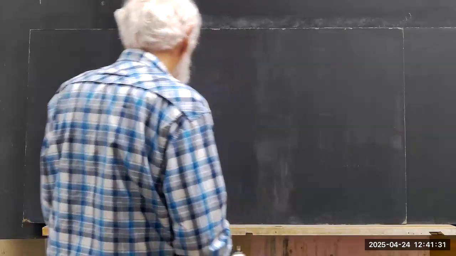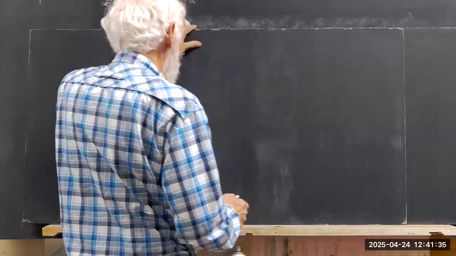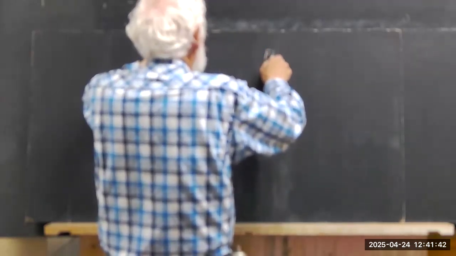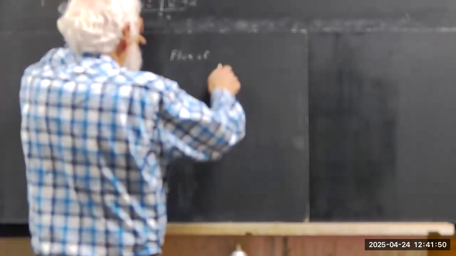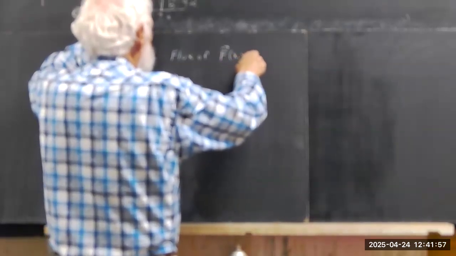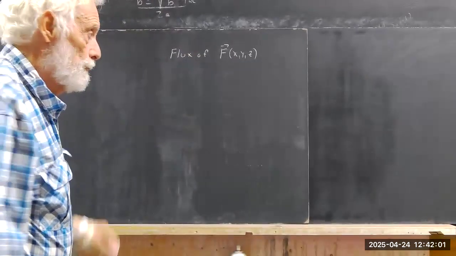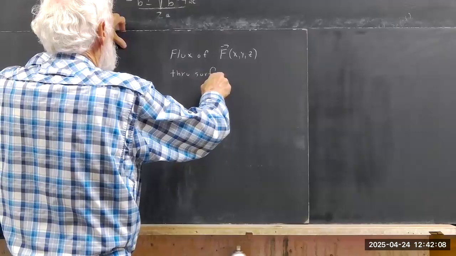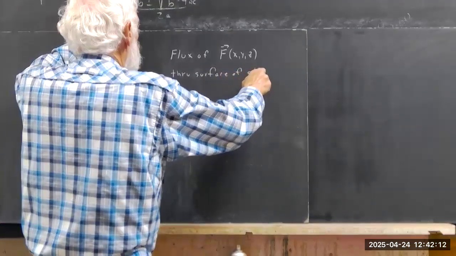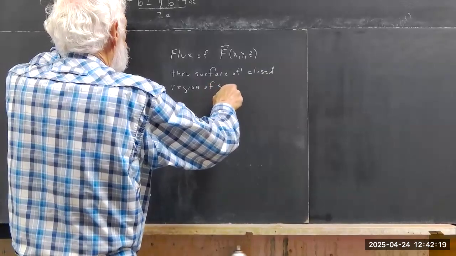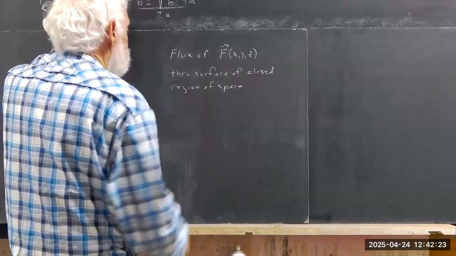So the divergence theorem says that the flux of a field F, I'll put X, Y, Z coordinates on it, through a closed region of space.